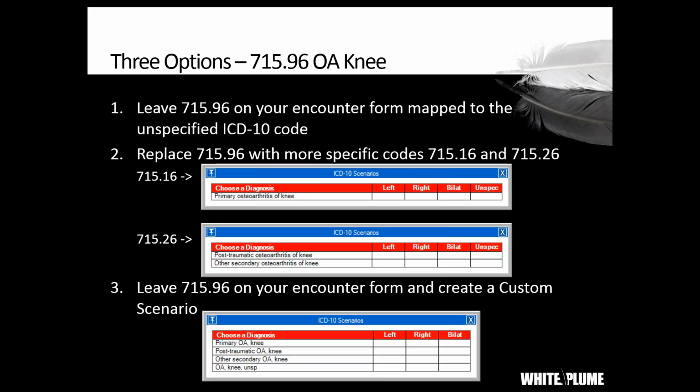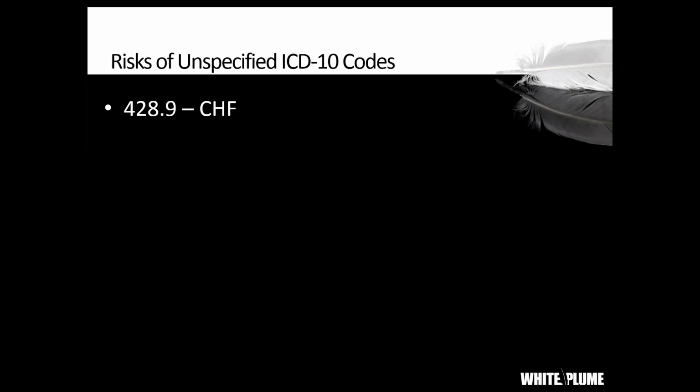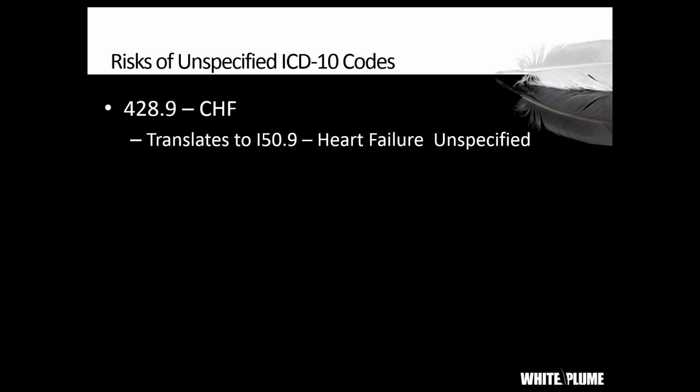Let's look at another example more in the primary care world, congestive heart failure. All right, there are many ICD-10 codes related to CHF. Many people just use 428.9 as a catch-all. The problem with congestive heart failure is that, again, it translates to one code in ICD-10, and again, that's an unspecified code.